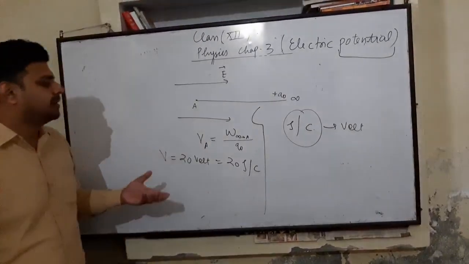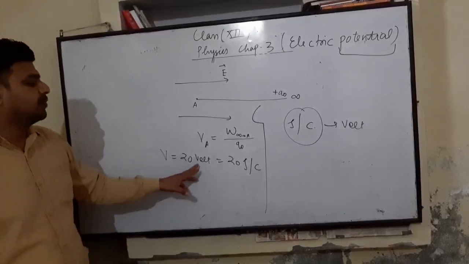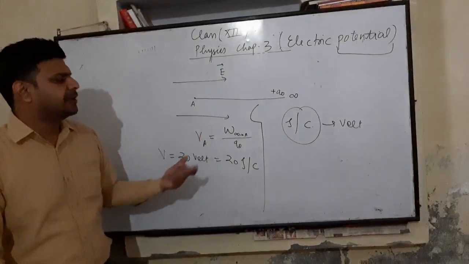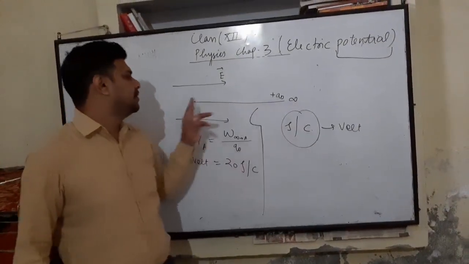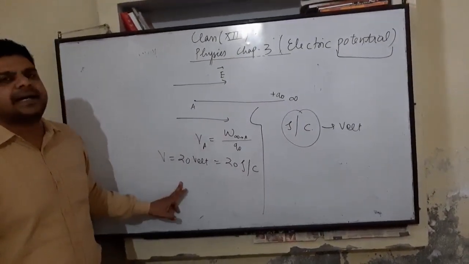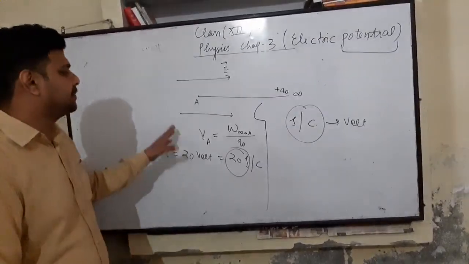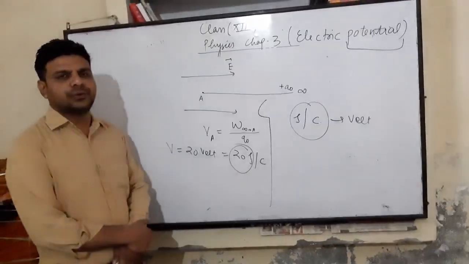It means the work done by an external agent will be 20 joule. So, electric potential is related to work.